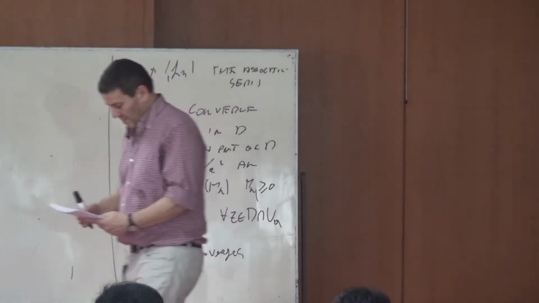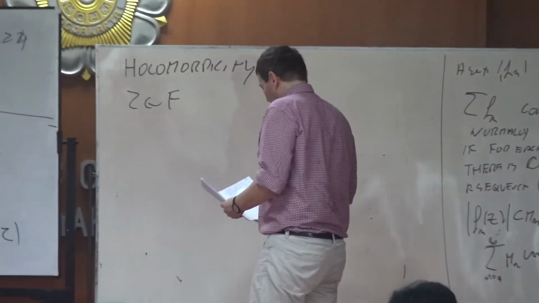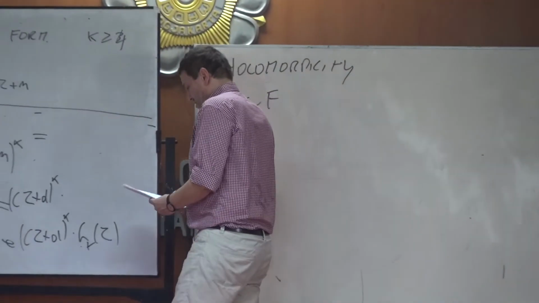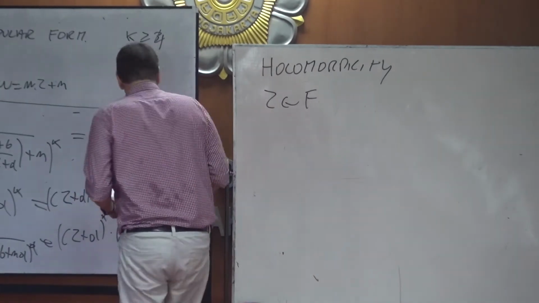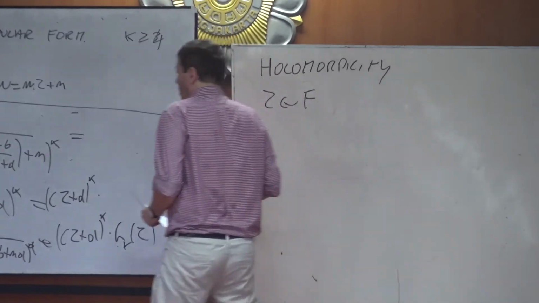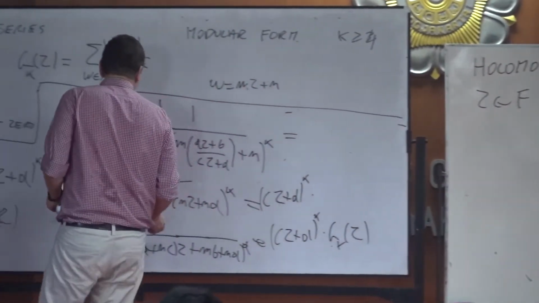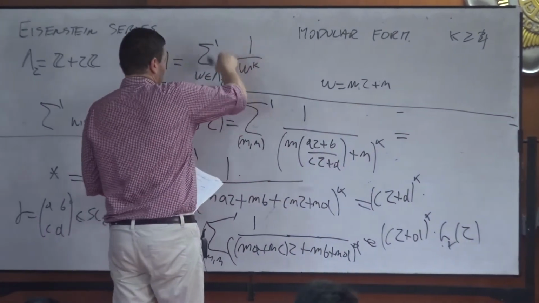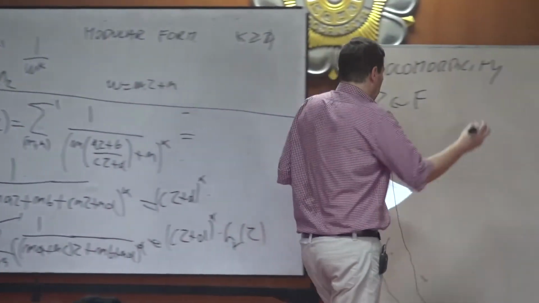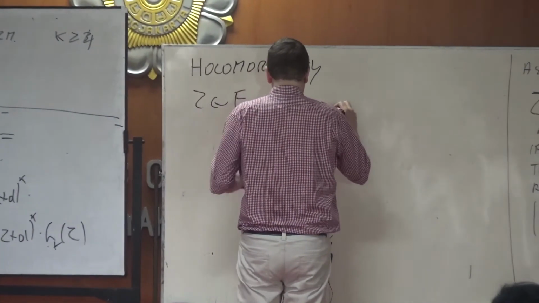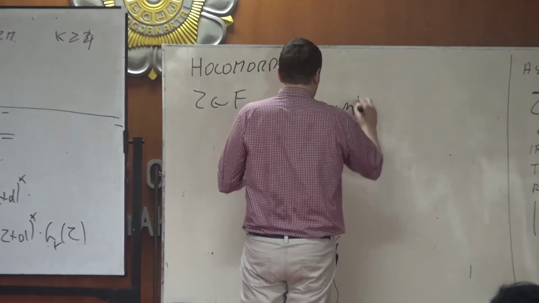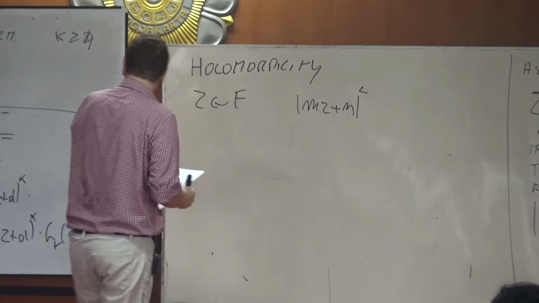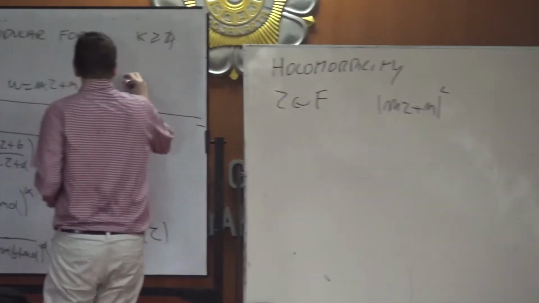So what we want to do is bound these terms individually. We take |m tau plus n| squared. We are doing this just for k even anyway.